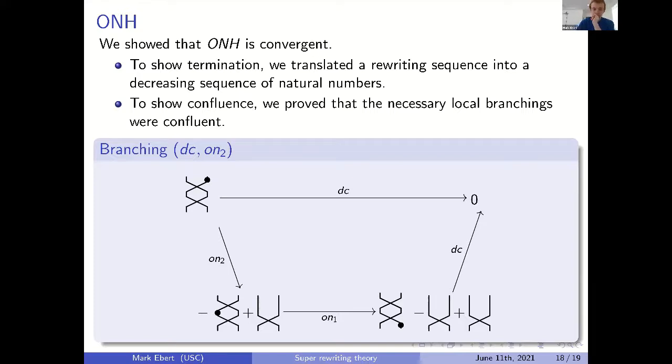So yeah, that's an example. The family of branchings we need to check is called a critical branching, and this is a nice example of one.